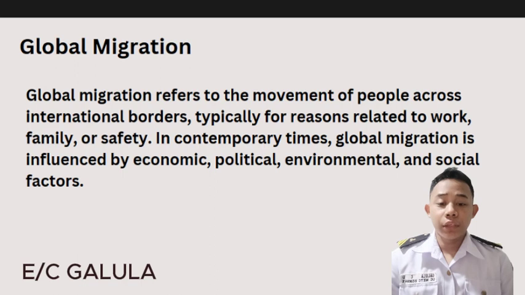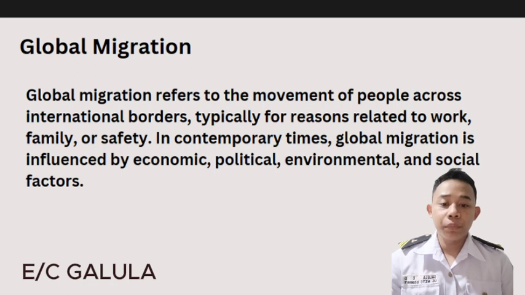My topic is what global migration is in the contemporary world. Global migration in a contemporary world context refers to the movement of people across international borders for various reasons, such as economic opportunities, family reunification, escape from conflict or persecution, or simply a desire for a different lifestyle.